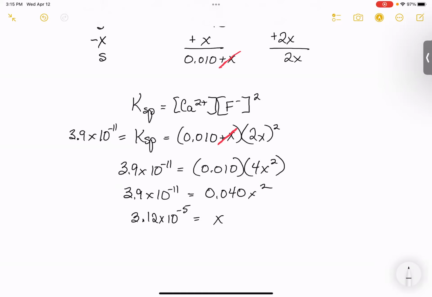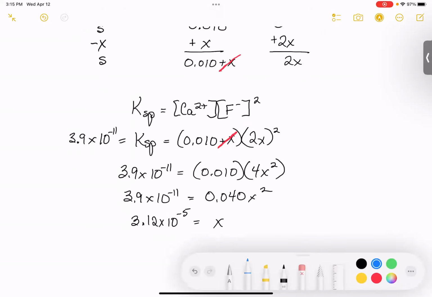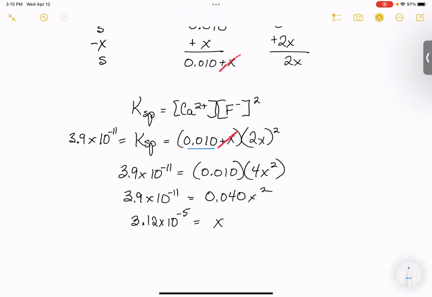Now, anytime you make that assumption, you should always check to make sure it's less than 5% of the original concentration. So if we have 0.01 as our concentration, is 3.12 times 10 to the minus 5 divided by 0.010 times 100, what does that come out to be? You can guarantee that it's going to be less than 5.